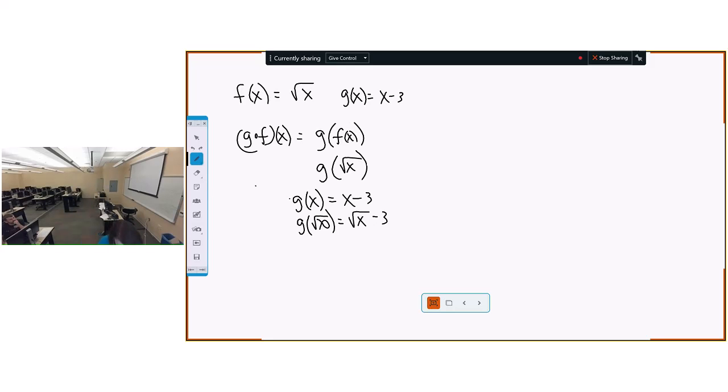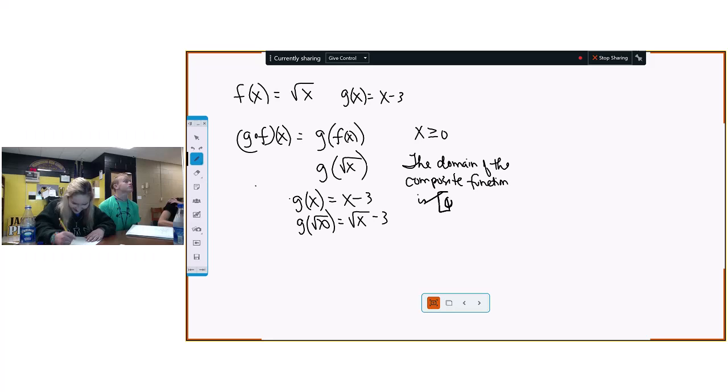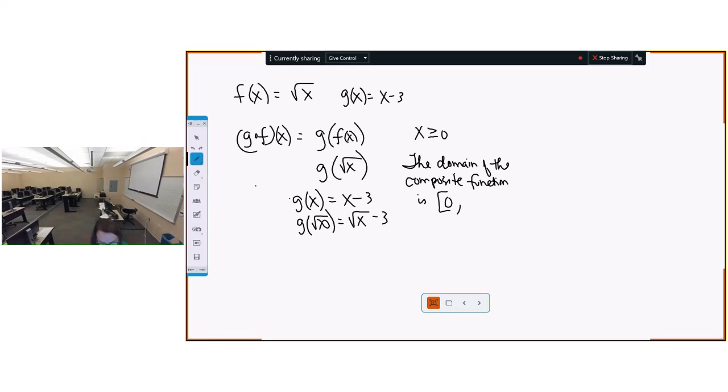Okay, so the square root has to be positive, so x has to be greater than or equal to 0. Okay, so the domain of the composite function is 0, with 0 included, so it's a bracket, to infinity.